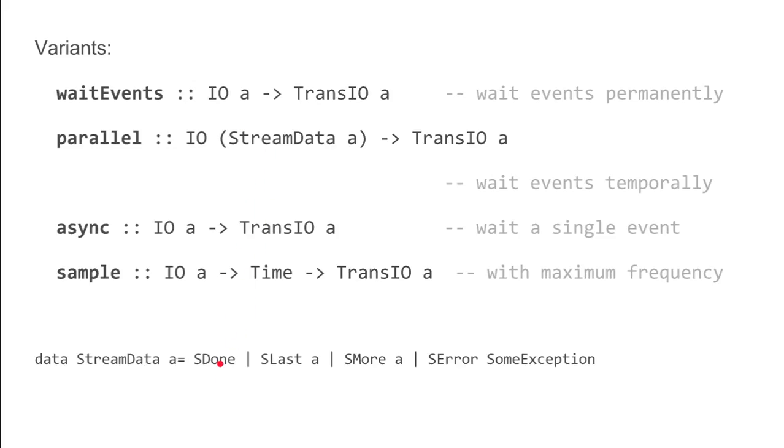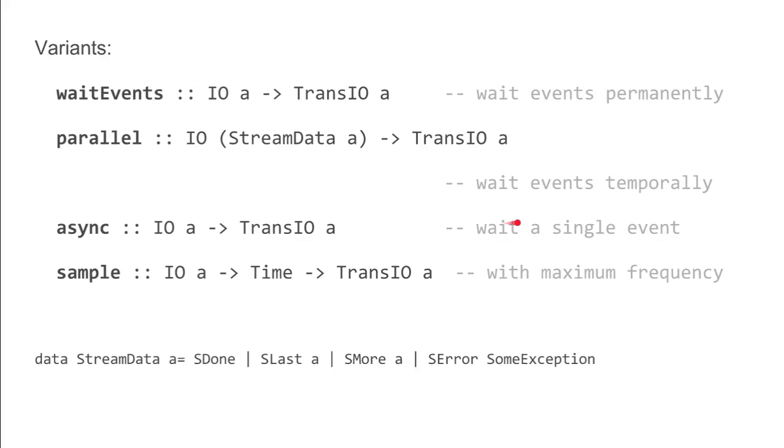If it returns SDone or the last value, the thread waiting in parallel will finish. Another executes a single time the IO operation, so it returns 0 or 1 result.